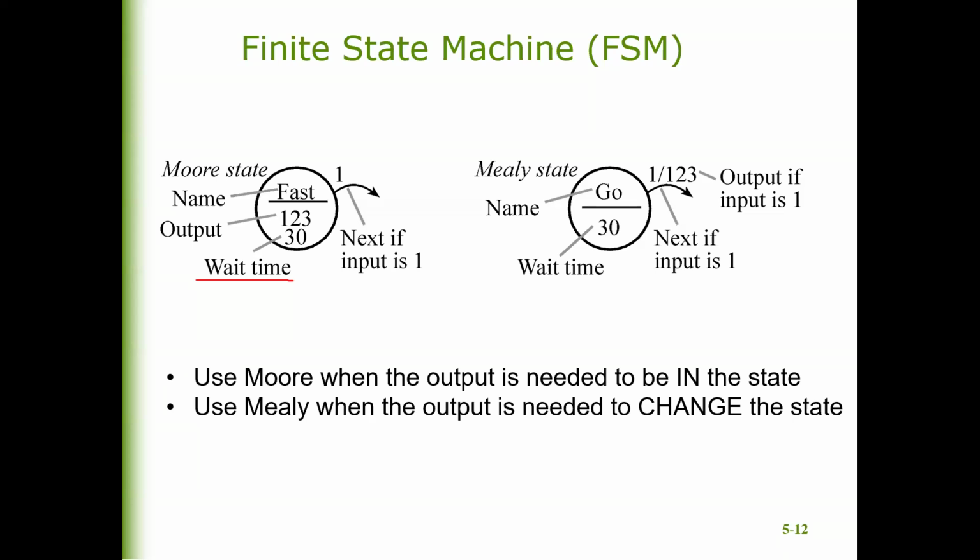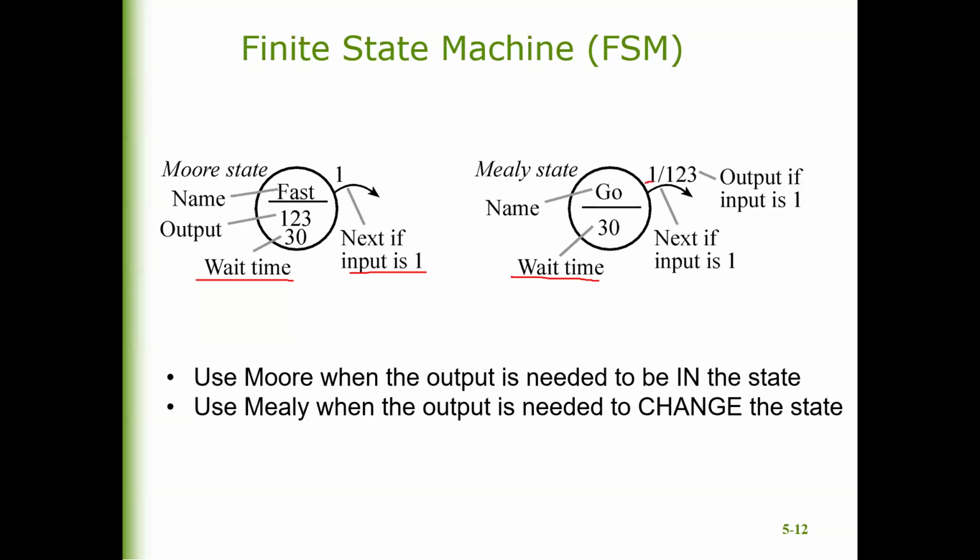For the edges, this means go to the next state if our input is 1. Okay. And on this one is the Mealy-state FSM. We also have the name and a wait time, and you see the difference is that for the Mealy FSM, our output depends both on the current state and our input.